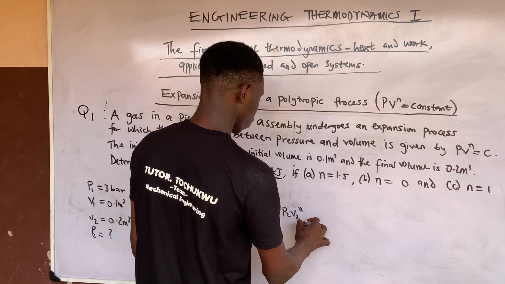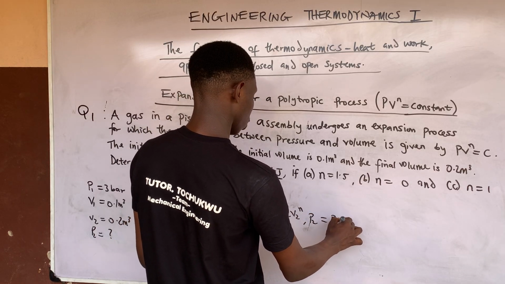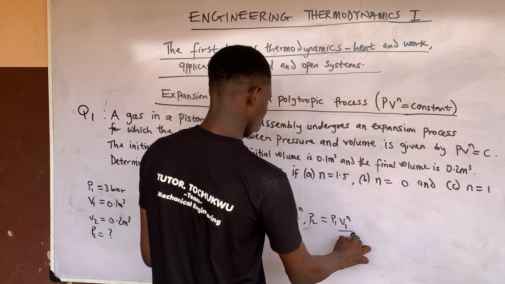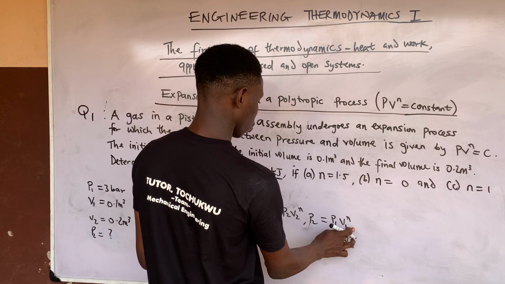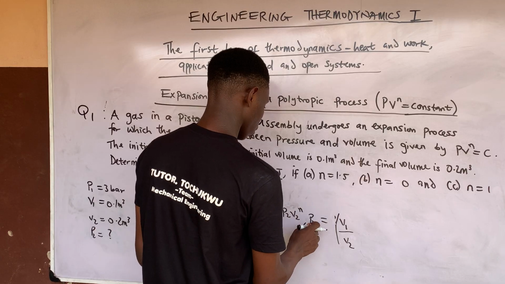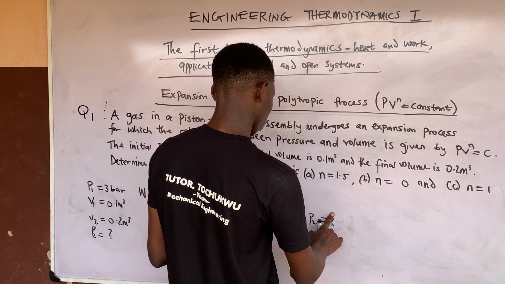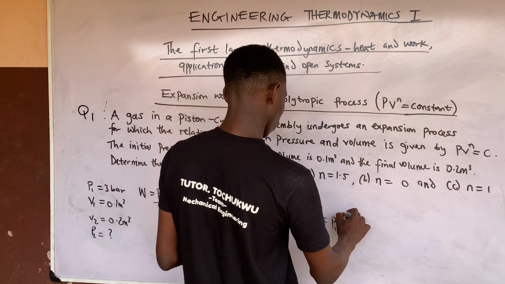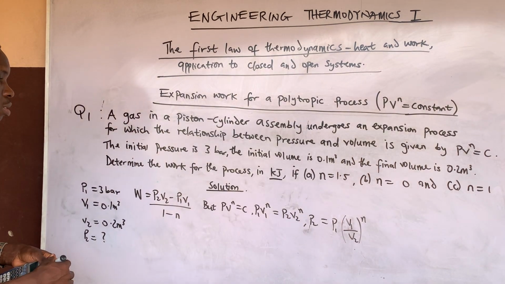We have P2 equals P1 V1^n over V2^n, or in other words, P2 equals P1 multiplied by (V1 over V2) in brackets to the power of n.